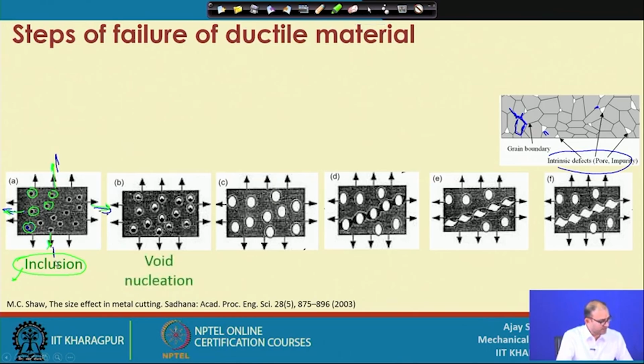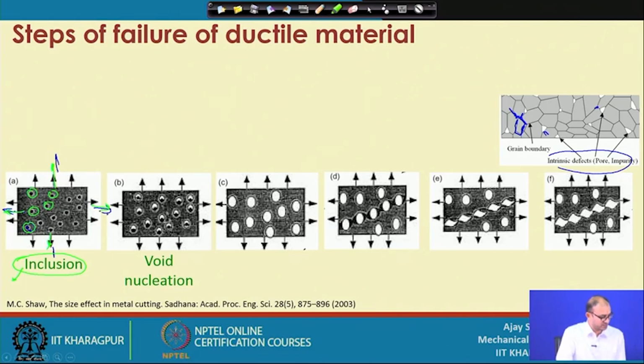Second, after inclusion, is the new void nucleation. Once these inclusions are available within the material and you put the workpiece in tension in both directions, this void will be the origin of the deformation of this workpiece. So, the failure is created from this location.